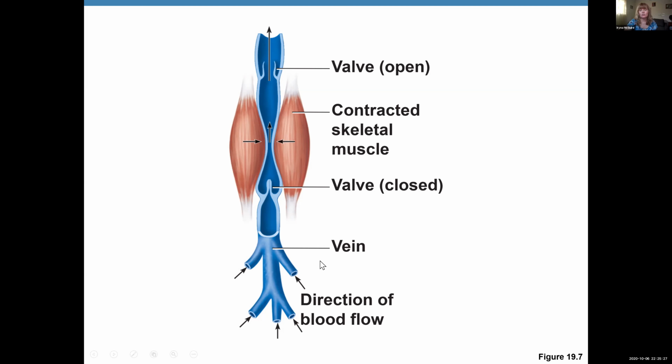And that's why it's really good to walk and keep moving, use your skeletal muscles. Not only does it help your muscles stay healthy, it also helps your body return blood back to the heart.